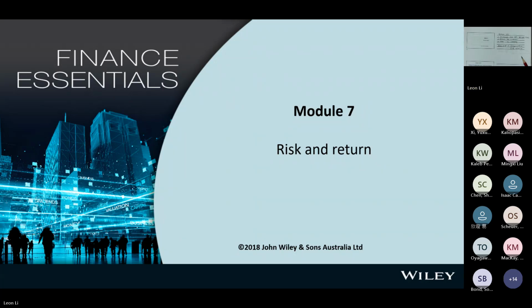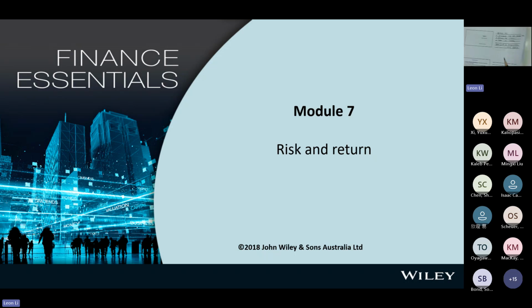And we know return and risk have a relation: high risk, high return, low risk, low return. We are going to discuss the RR relation in more detail in this chapter. We not only show you the direction of the relation, we also quantify the RR relation. We will show you a model to quantify the RR relation.